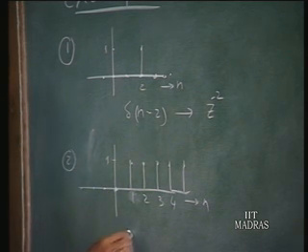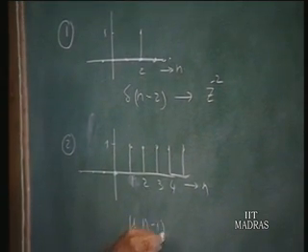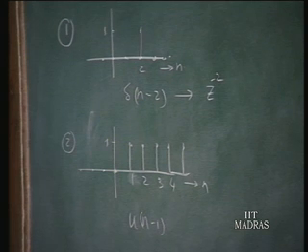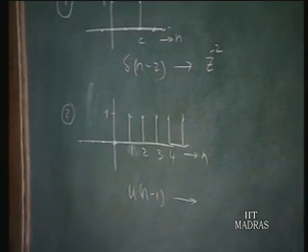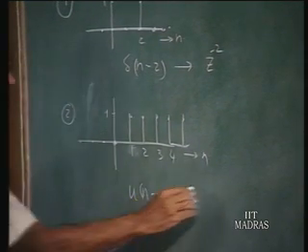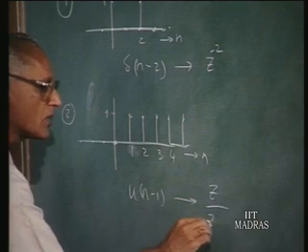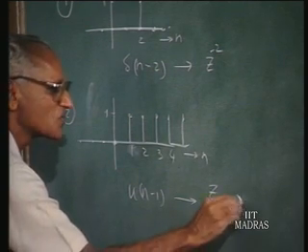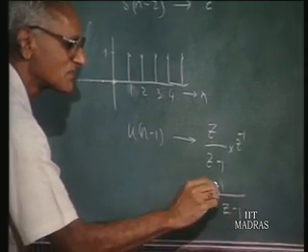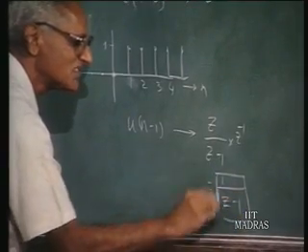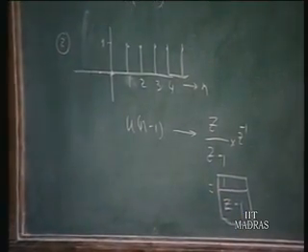This is obviously u of n minus 1, a unit step starting at n equals 1. Since u n has the z transform z upon z minus 1, u n minus 1 is z upon z minus 1 multiplied by z to the power minus 1. Therefore this is 1 over z minus 1. That is the z transform of this.